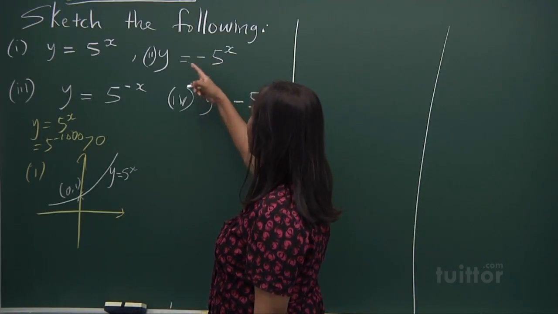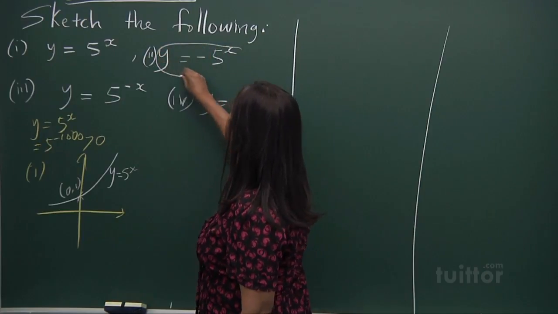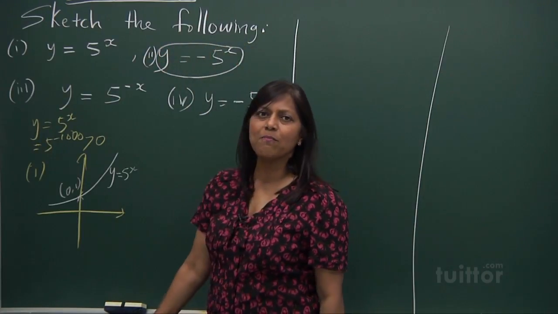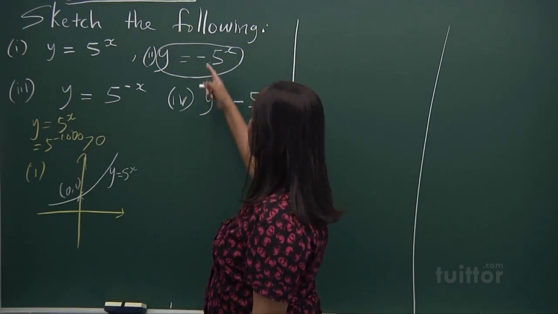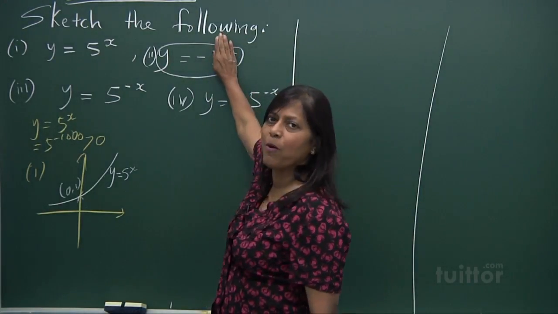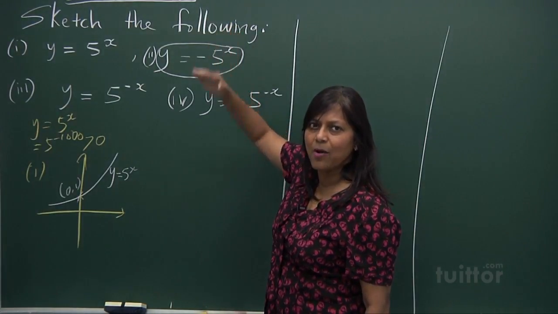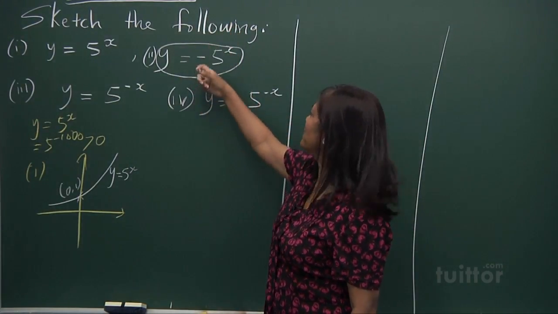And this is y equals 5 to the power of x. In the case of number 2, the second graph, I put a minus there. y equals minus 5 to the power of x. Well, 5 to the power of x is all positive, and every positive number is now going to be reflected, so it's going to be negative.